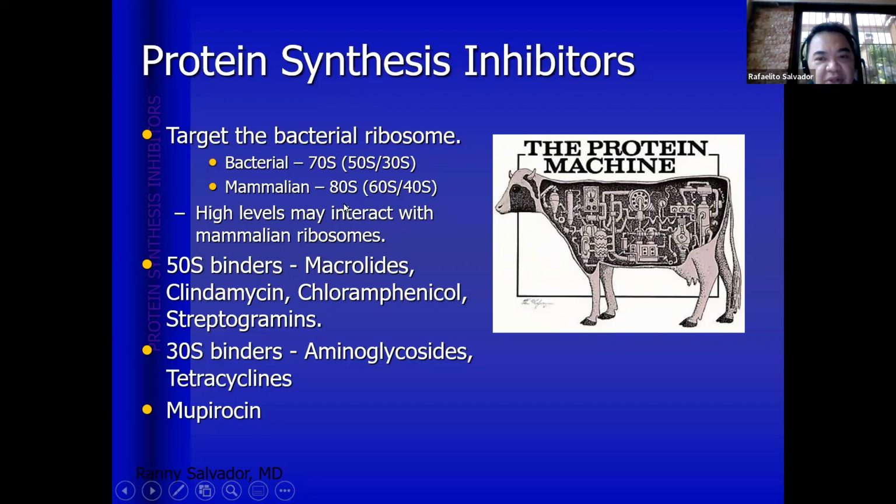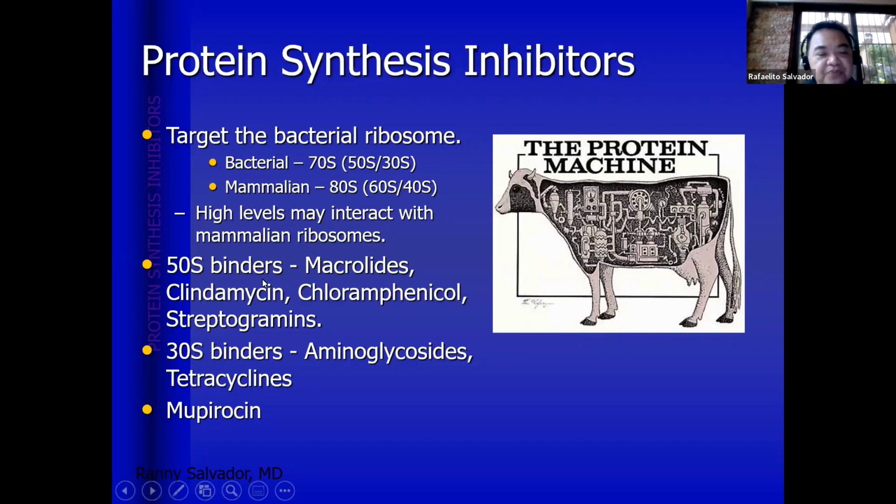However, if you look at this, there would be no interaction if we give our antibiotics at the usual dose that we usually give in our patients. But at very, very high levels, these antibiotics may interact with mammalian ribosomes.